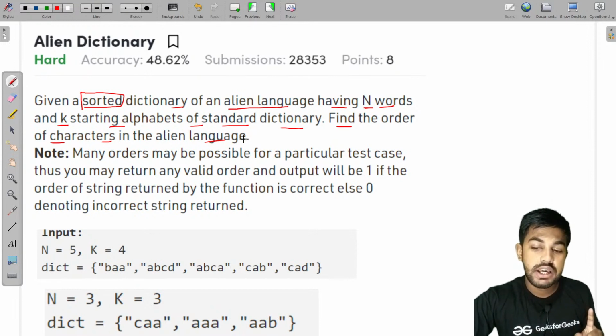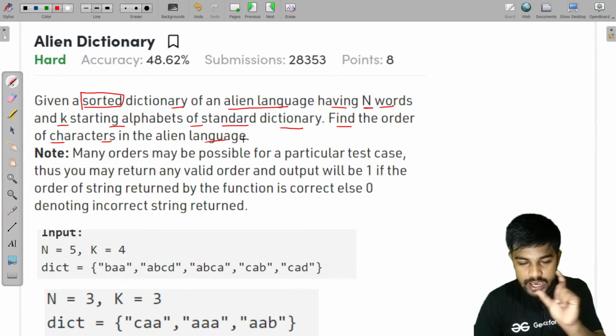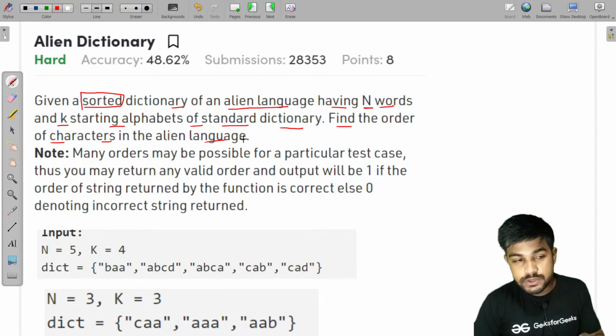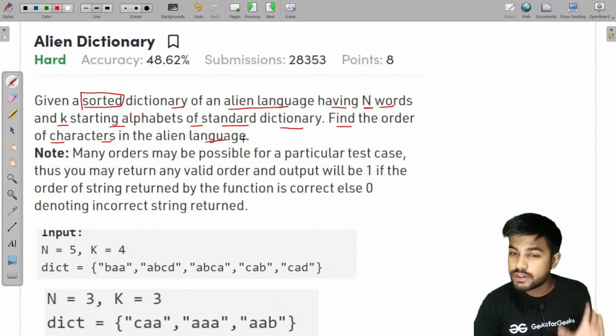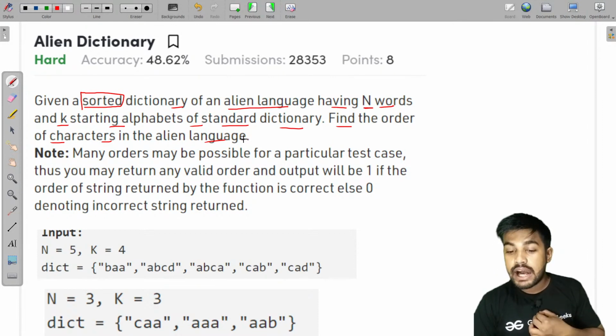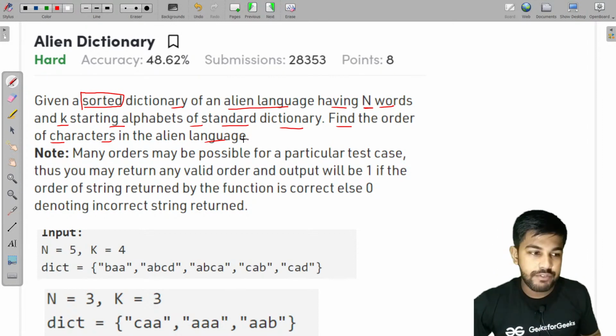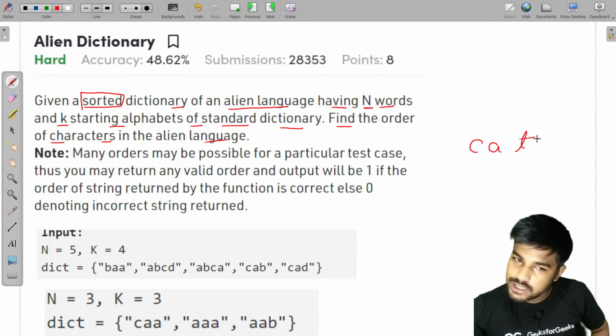What is that catch? The catch is that the words or the alphabets would consist of the first k alphabets of our language. The pronunciation might be different or the words might be different, but the alphabets would be the same as ours. They would use the same A, B, C, D. In our language, cat means cat only.